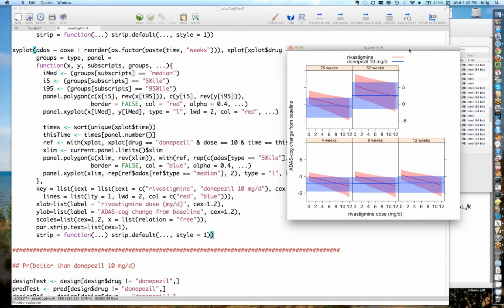Now, these make nice visuals, but I find it hard to make probabilistic inference from this kind of plot.